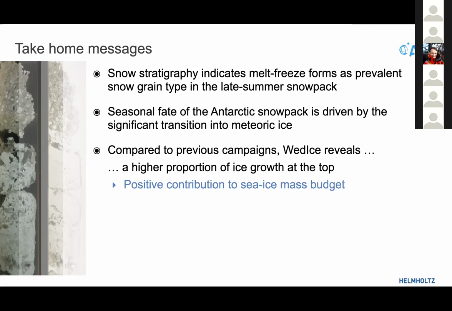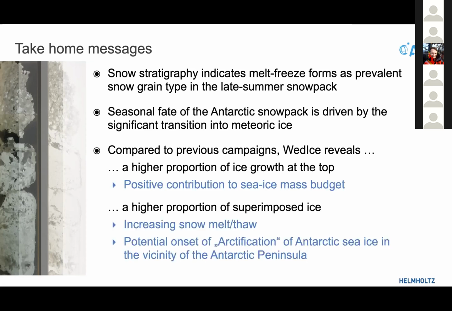And this has, of course, a positive contribution to the sea ice mass budget, as we have less snow and therefore less insulation, and therefore more heat can be transferred. This allows growing more sea ice and less melt in summer.